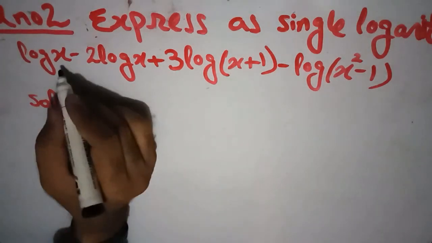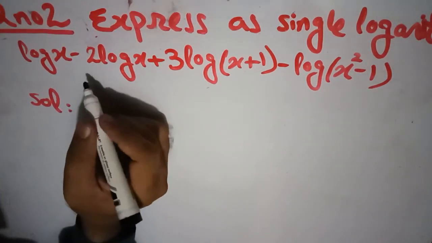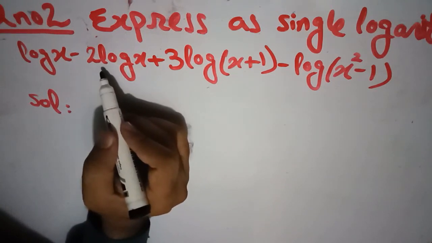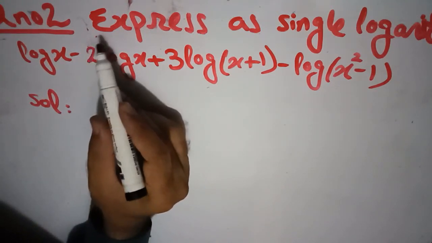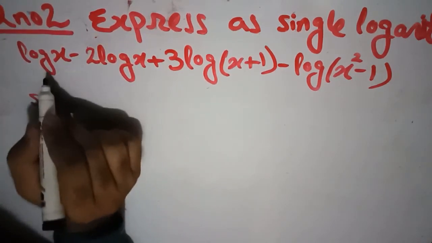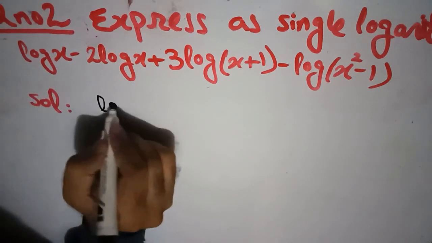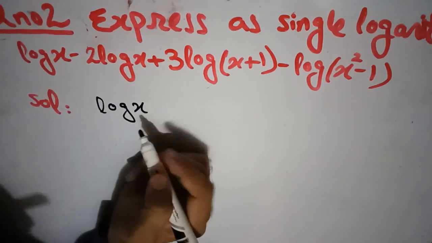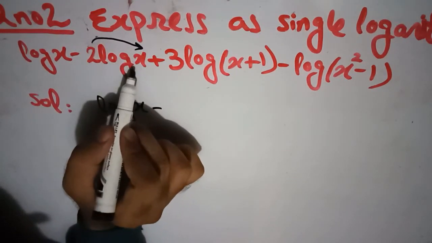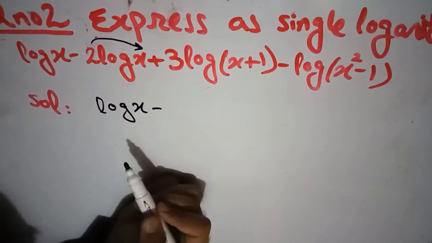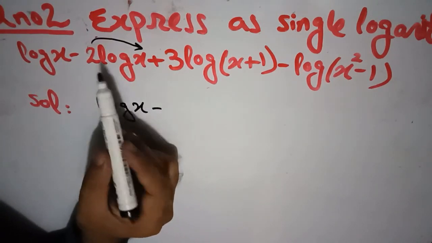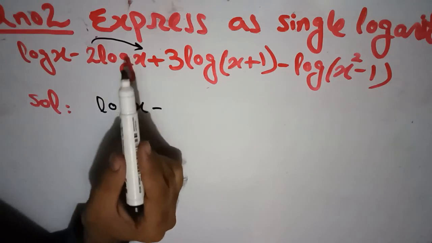Simply, here you can see the number which is coming before the log will go to the power of the variable that is coming after the log. Like I am just writing this as it is, minus. Now this 2 will come to the power of the x, because in the previous question I told you that the number which is coming before the log will go to the power of the number that is coming after the log.